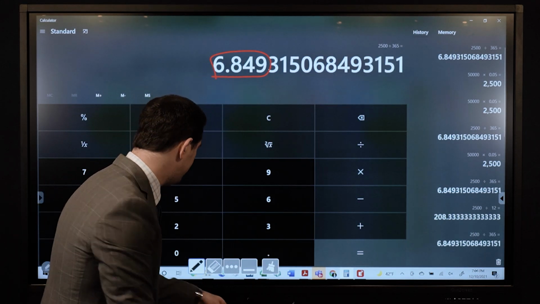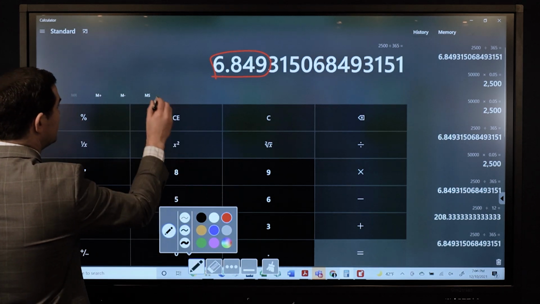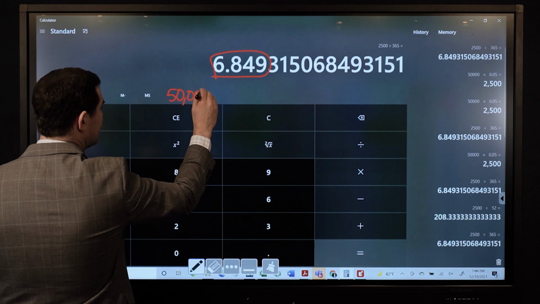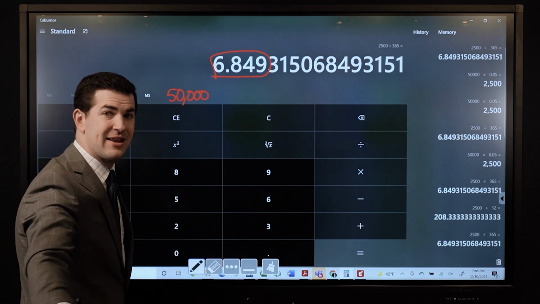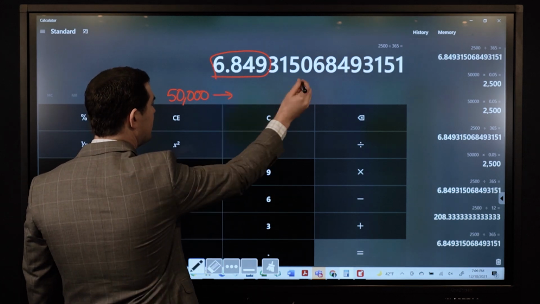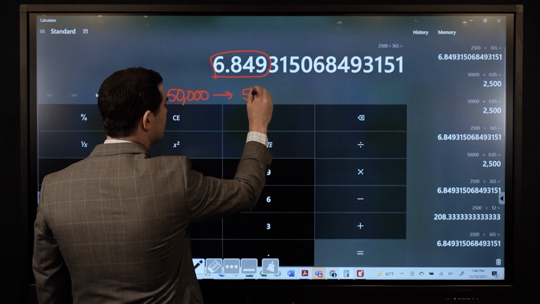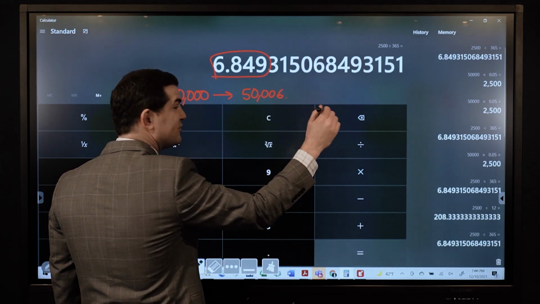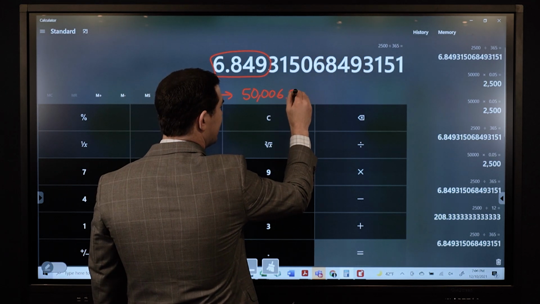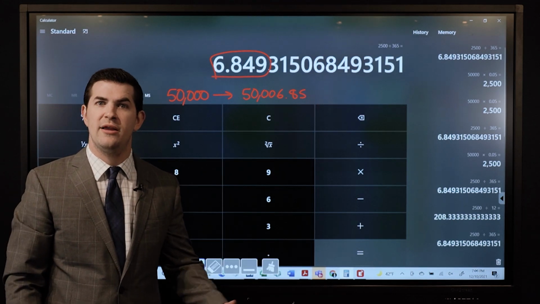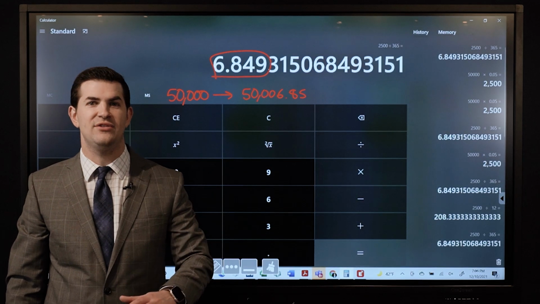So for example, day one, or day zero we could call it, your loan balance is $50,000. The next day, if you don't pay that loan off immediately, what would happen? I would have $50,006 and 85 cents.